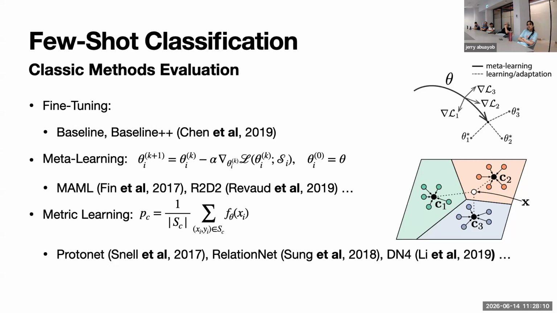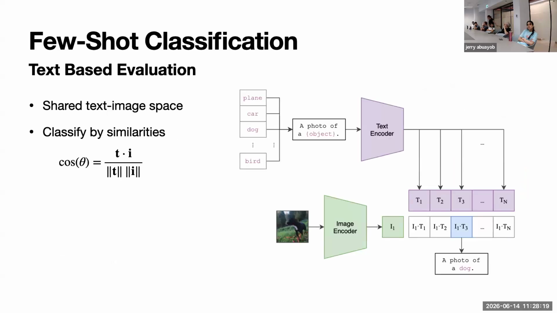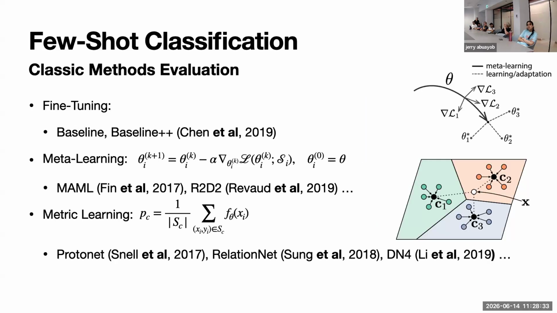So what I explained just now is what I call the classic image few-shot classification. Now I'm going to talk about text-based few-shot classification. Since it's text-based, we need both modalities: the image encoder and the text encoder. If you recall, we computed the mean embedding of the support.